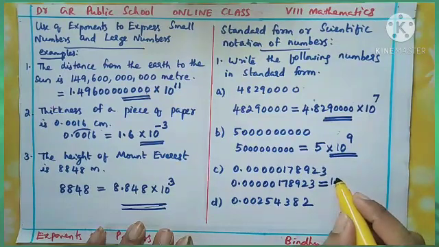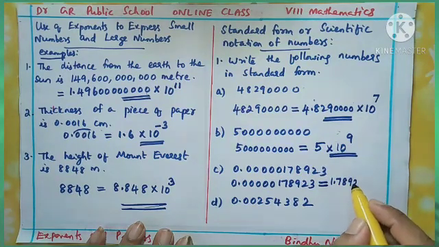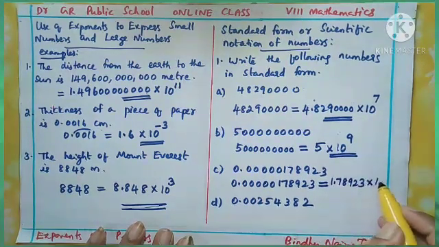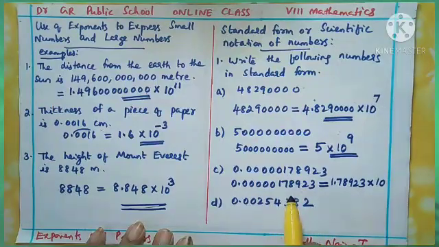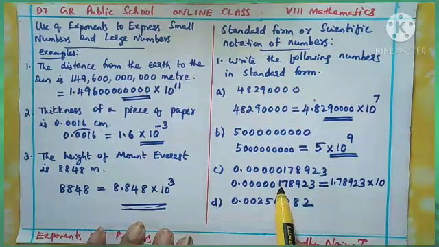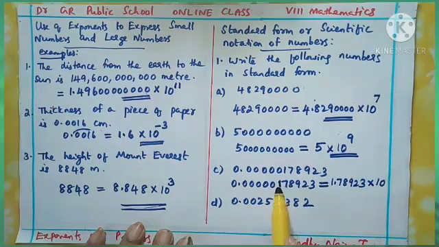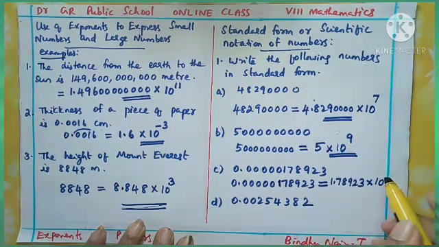So 1.7893 into 10 to the power. Yes, how many places we moved the decimal? From here to here, right? So after 1, from here we want to count. So it is 1, 2, 3, 4, 5, 6 places we moved. Okay. So it is 10 to the power minus 6.